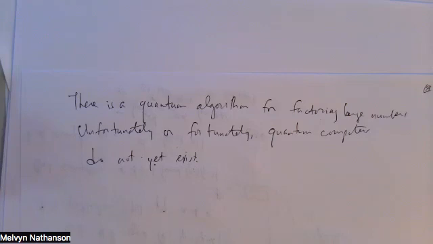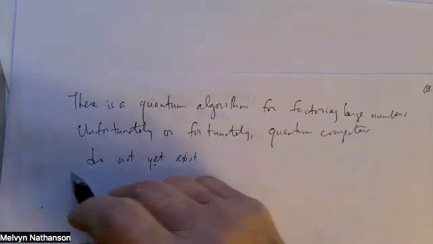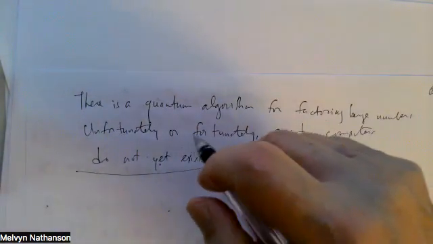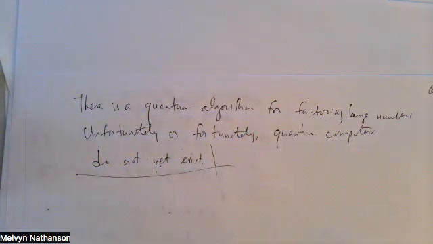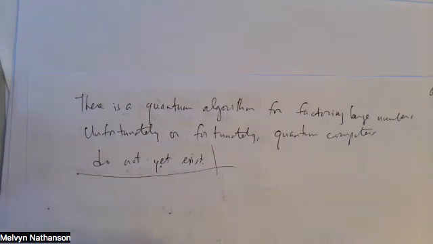And the ones that do exist so far are very, very weak. So they're not yet strong enough to do anything like factoring. I have no doubt that at some point quantum computers will be developed far enough along so the factoring algorithm can be implemented, but it hasn't happened yet. Once it happens, RSA is worthless and no one will use it anymore. That's just the nature of that.